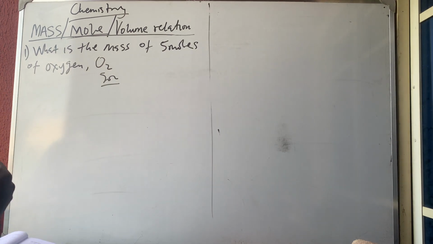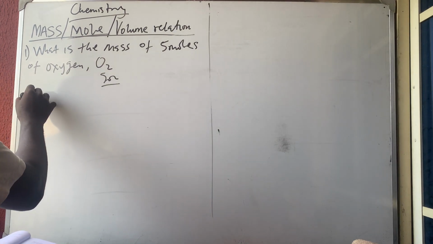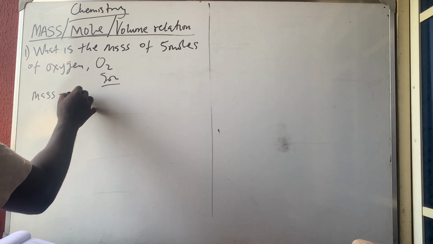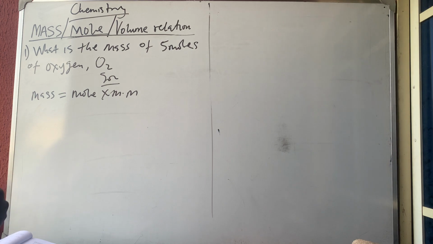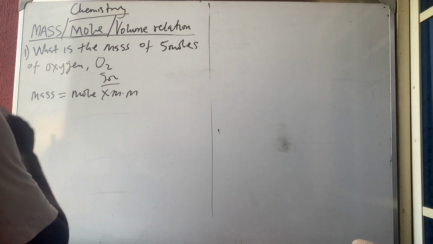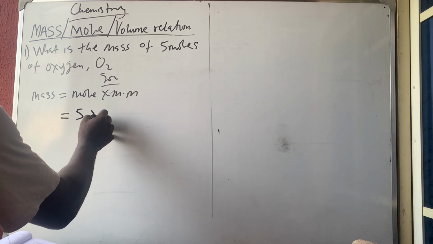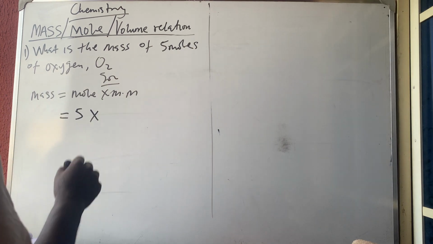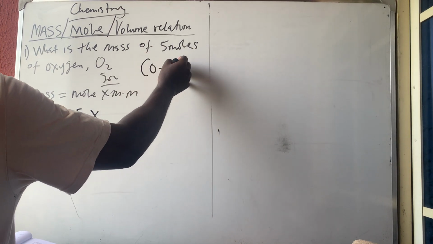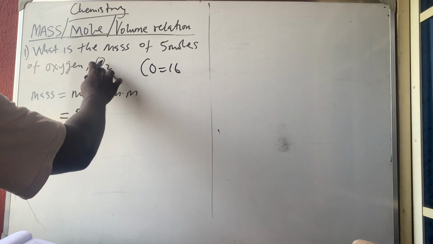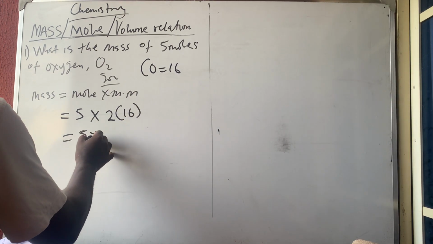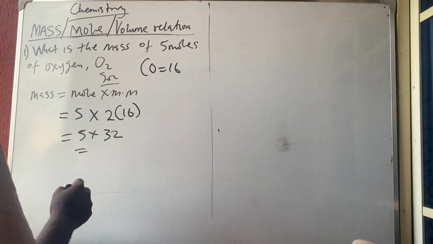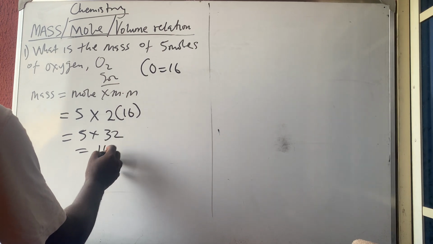Solution. We want the mass. Don't forget that mass is mole times molar mass. We have 5 mole times the molar mass of oxygen. Oxygen is 16, so the molar mass of O2 is 2 times 16, which is 32. So 5 times 32 is 160 gram.